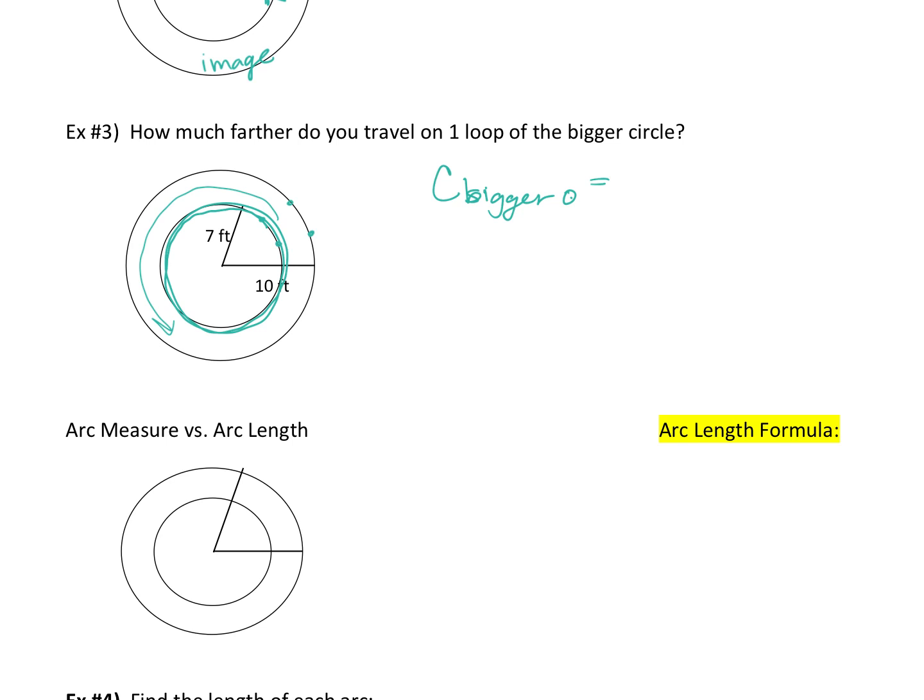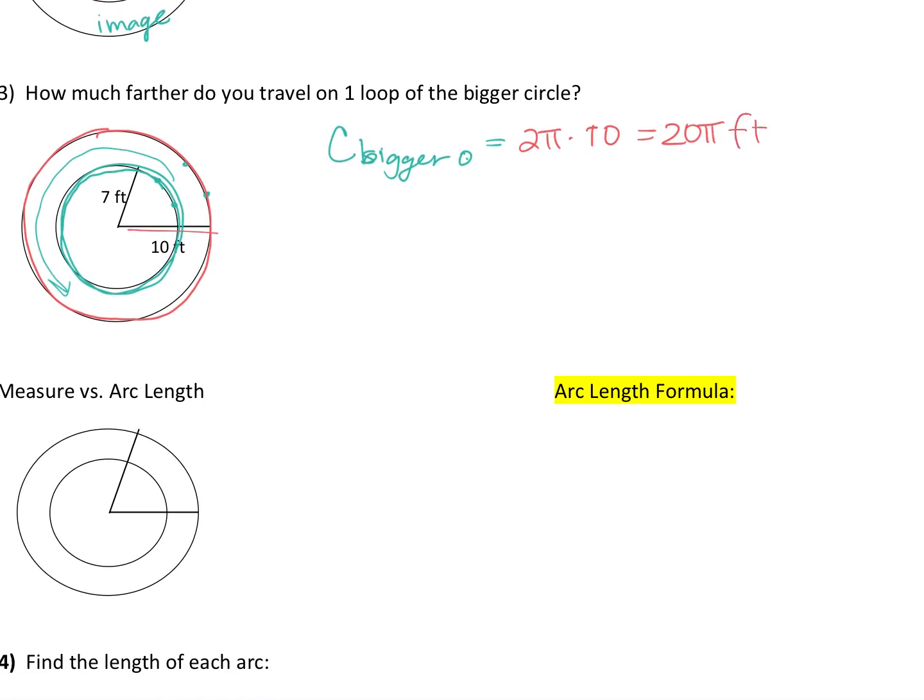It's 2 times pi times the radius, or pi times the diameter. The diameter of that circle would be 20. So the circumference of the bigger circle is 20 pi feet.